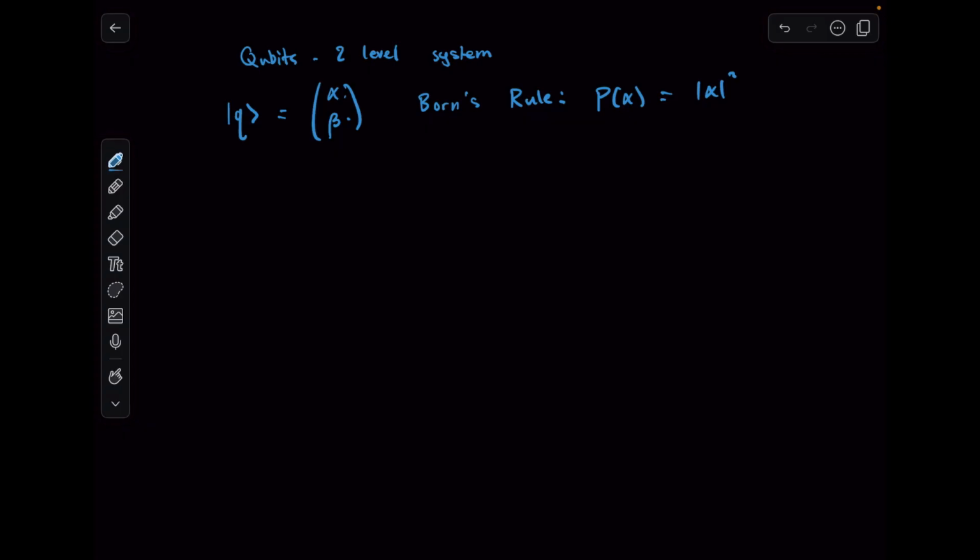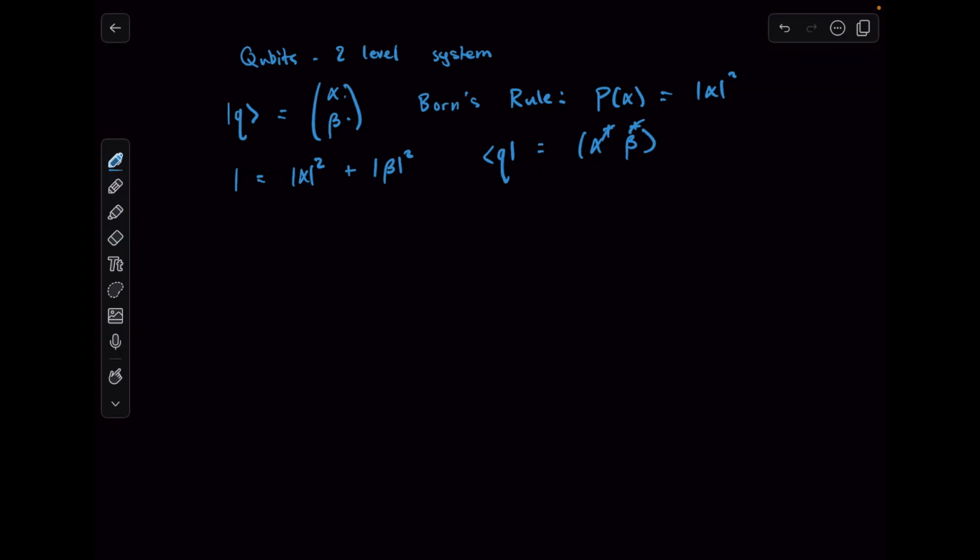And of course, if these are probabilities and our qubit can only be in one of two states, we have the relation that one should be equal to the magnitude of alpha squared plus the magnitude of beta squared. And just real quick, I also talked about this bra notation, which is the conjugate transpose of the ket. So you just transpose your vector and you take the complex conjugate of both of its elements.